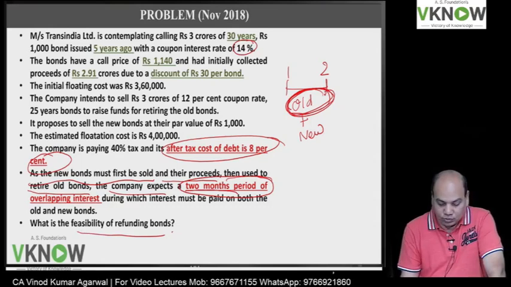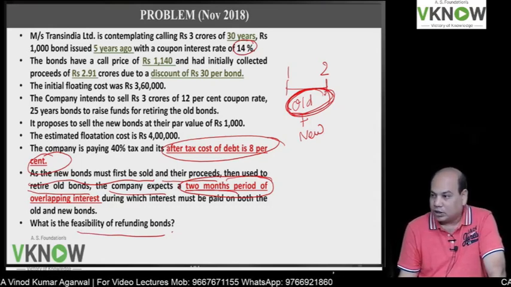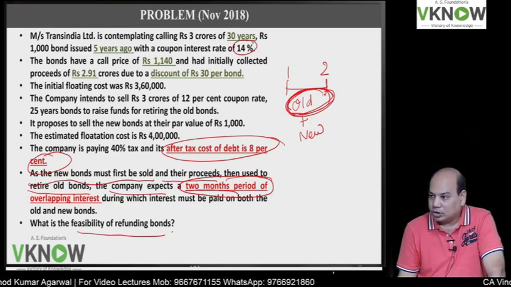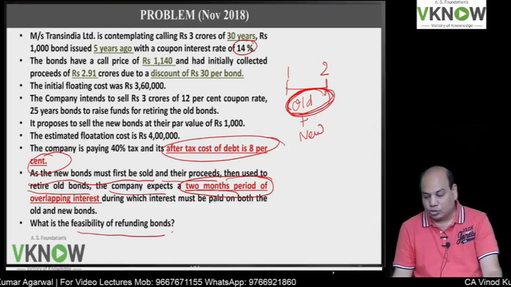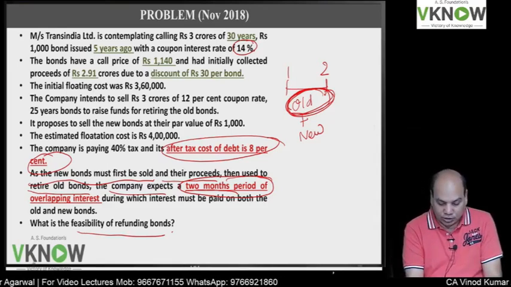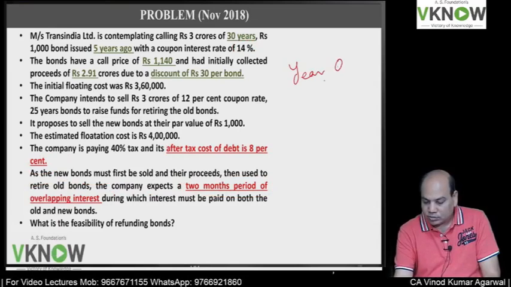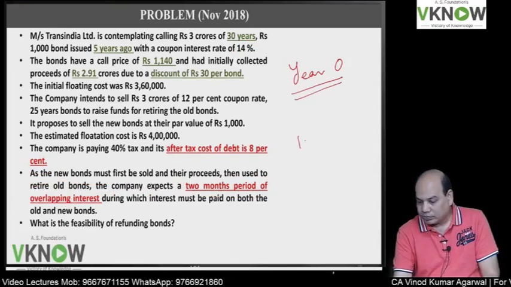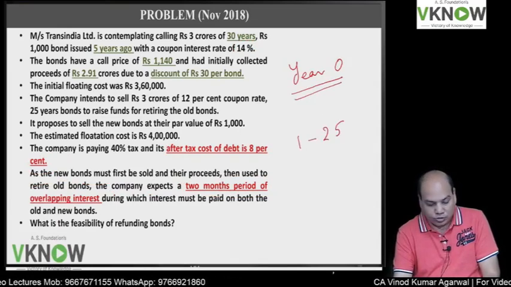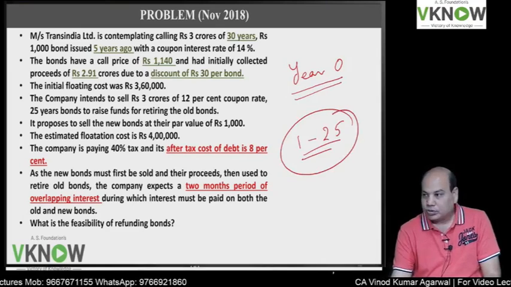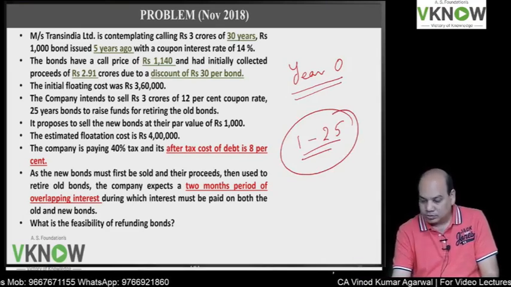Question is, what is the feasibility of refunding the bond? Got it? So I am going to do first two calculations. In year 0, what will be my cash flow? In next 25 years, what will be my cash flow?